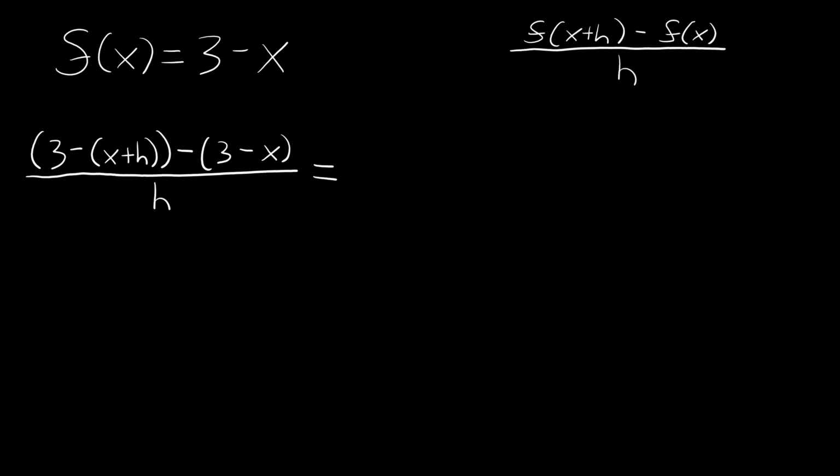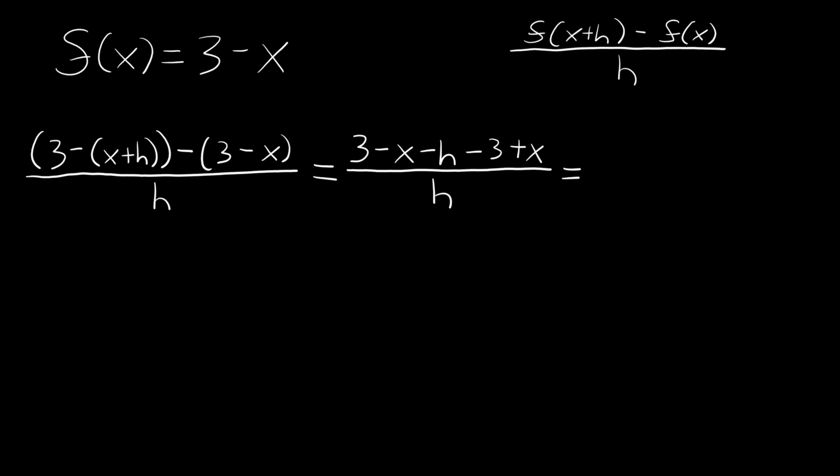So now we can expand this, simplify it by distributing this negative sign, then distributing the second negative sign, which will then equal 3 minus x minus h minus 3 plus x all over h.